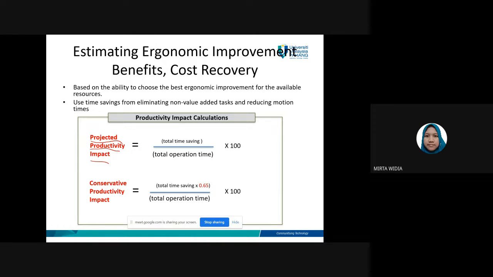This one is conservative productivity impact: total time saving times 0.65 divided by total operation time, times 100. Now we can get the productivity calculation.